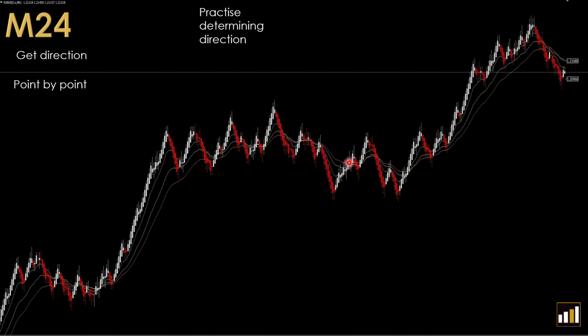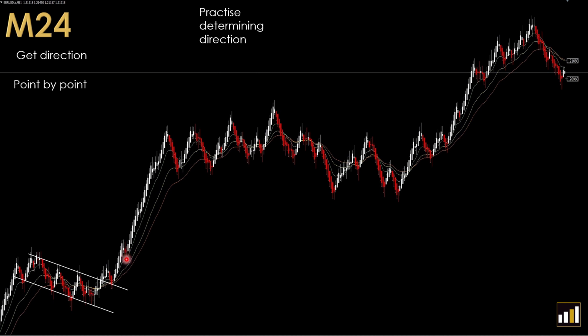So the most important part of the how here really is going to be your M24, getting your direction. After you see structure, it's very important to watch for any sort of breaks. If prices are above the EMAs, then we are looking for longs, even if there are red candles pulling back.